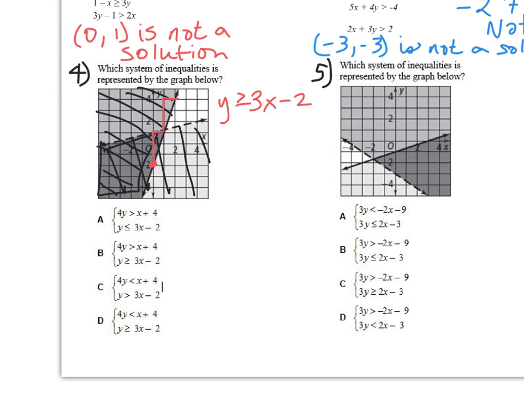In A, it says less than or equal to, so I can eliminate A. B says greater than. D also says greater than. But C says just greater than, not or equal to, so I can eliminate C. So it's got to be either B or D.